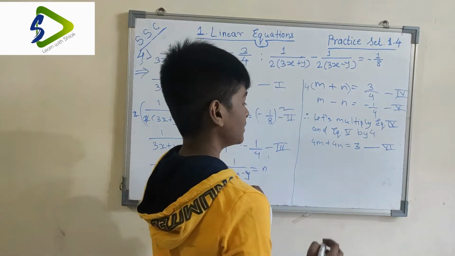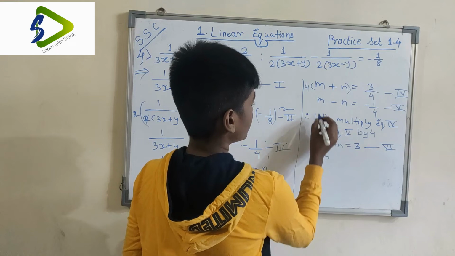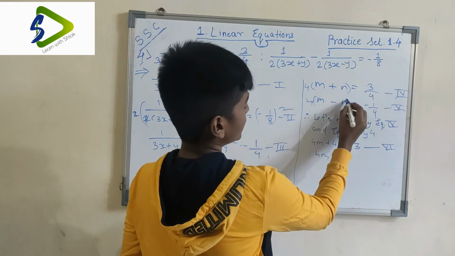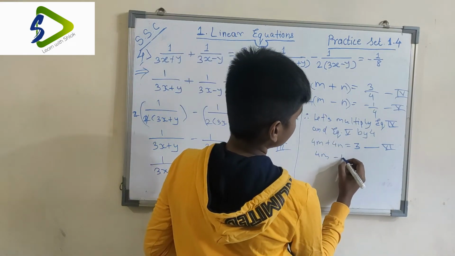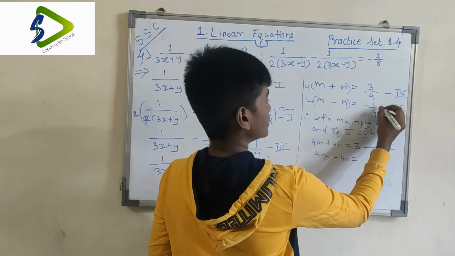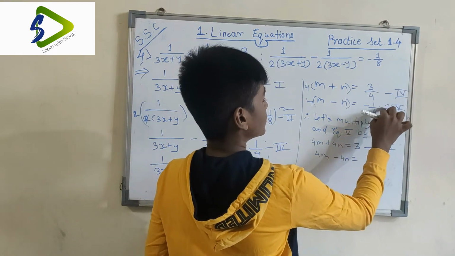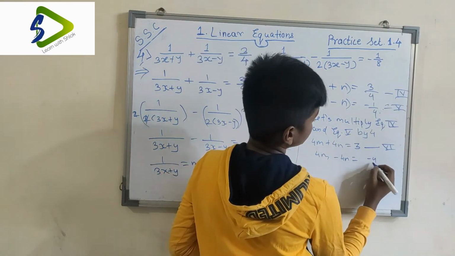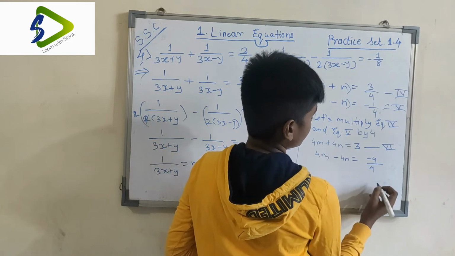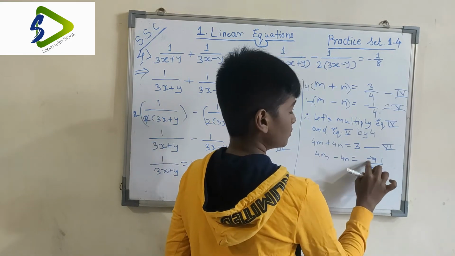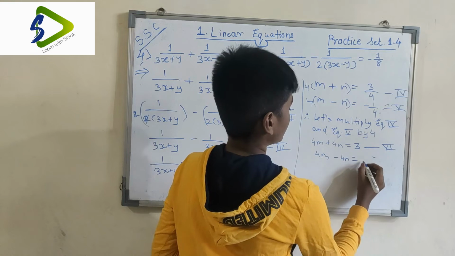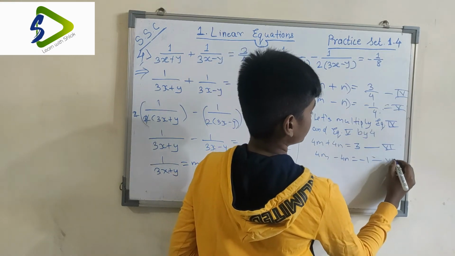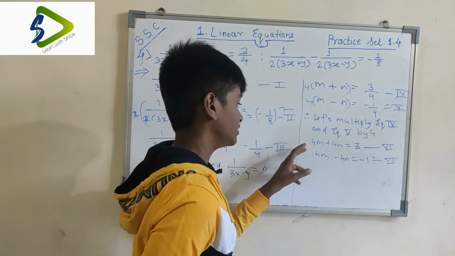And when you multiply this by 4, we get again 4m minus 4n is equal to minus 4 by 4, and 4 ones and 4 ones are, and you have to put the minus sign, so our answer becomes minus 1 over here. And these are the two equations.